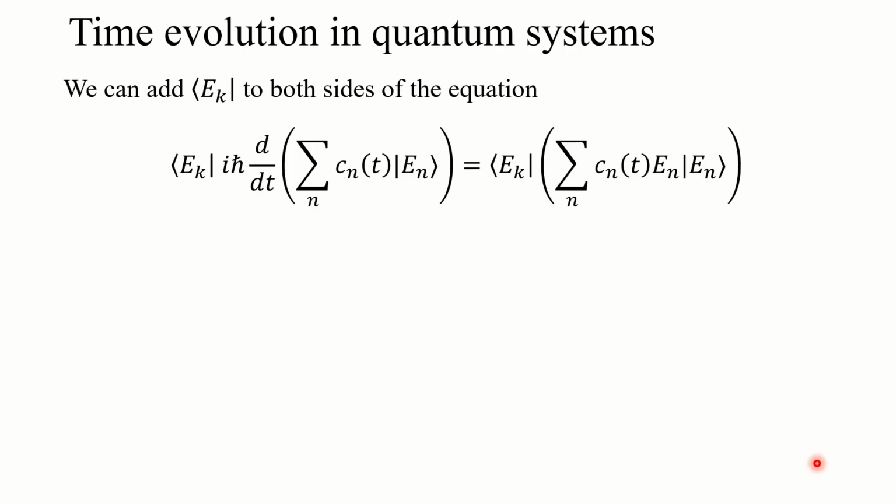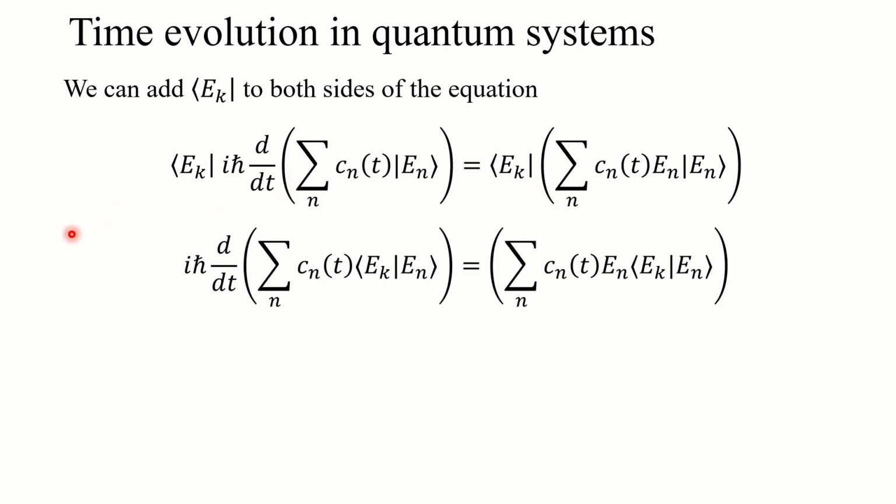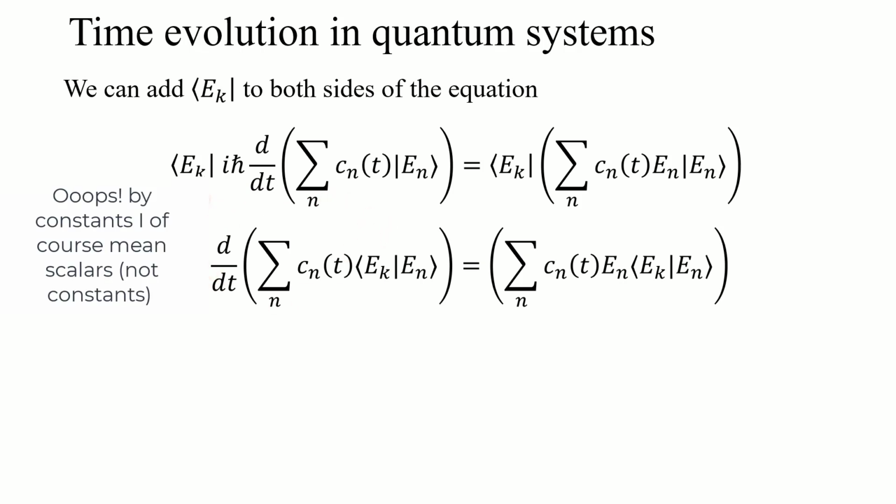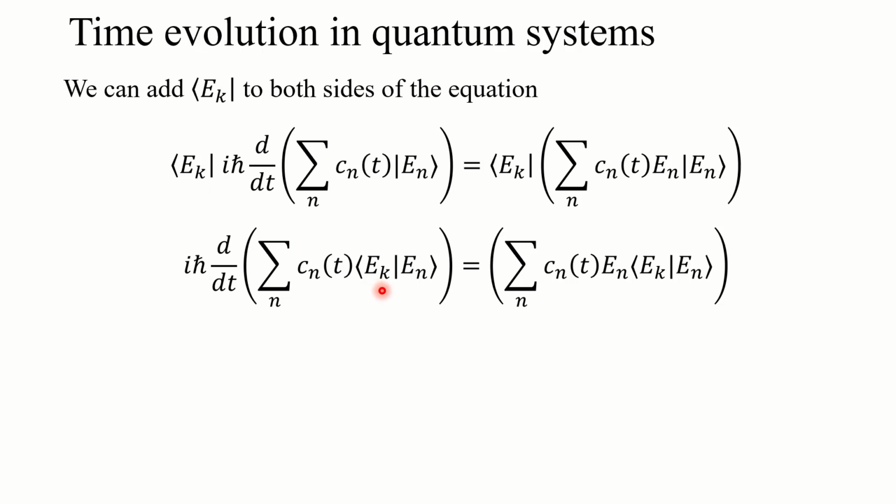What we can do now is see that the coefficients for each eigenket have to be equal on each side of this equation. One way you can see that explicitly is to take any eigenbra, we'll call it E_k, the kth eigenbra, and bring that in from the left on both sides of the equation. All of these constants can come out to the other side, and we end up with the inner product of the kth eigenket with each of the nth eigenkets.